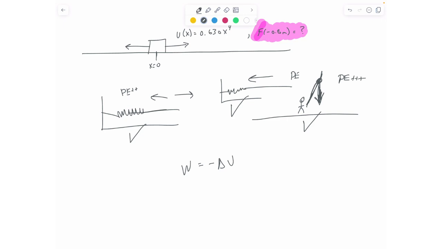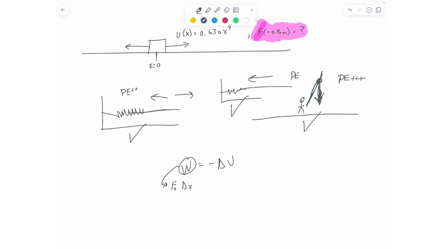Work is just force times distance. So let's just do the x-axis here. We'll say the force in the x direction times a change in x. That's work. It's force times displacement.